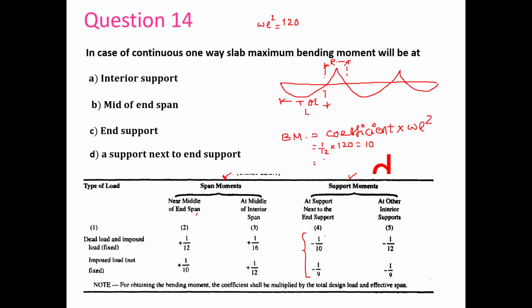And with 1 by 10 into 120, it comes to 12. This means we get the maximum value in a continuous beam at the support next to the end support. If we have a diagram of the beam with one support here, another here, a third here, then next to the end support we have the maximum bending moment over here.